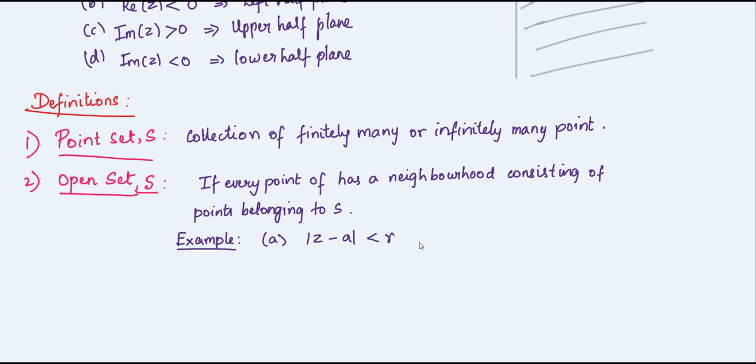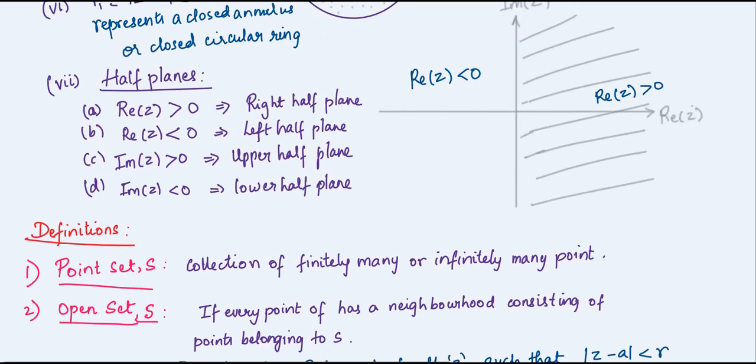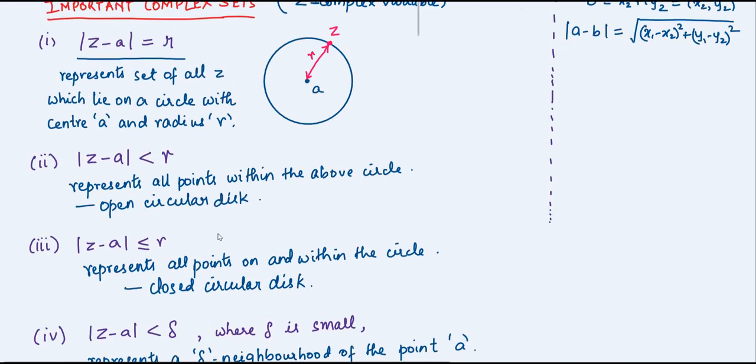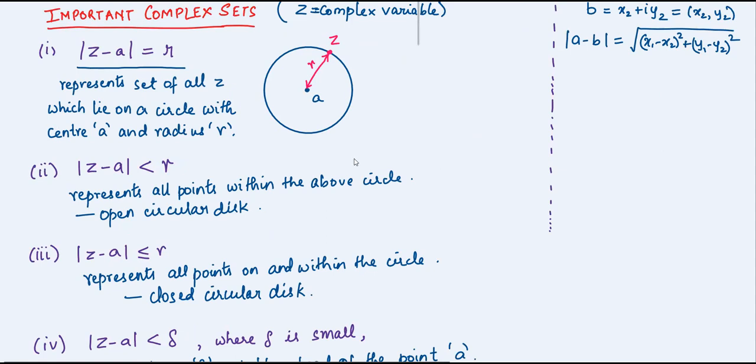So set of all points, I should write like this. S is a set of all Z such that modulus of Z minus A is less than R. So how is this an open set? Let's go back to the circle. Here we said open circular ring or open circular disk.